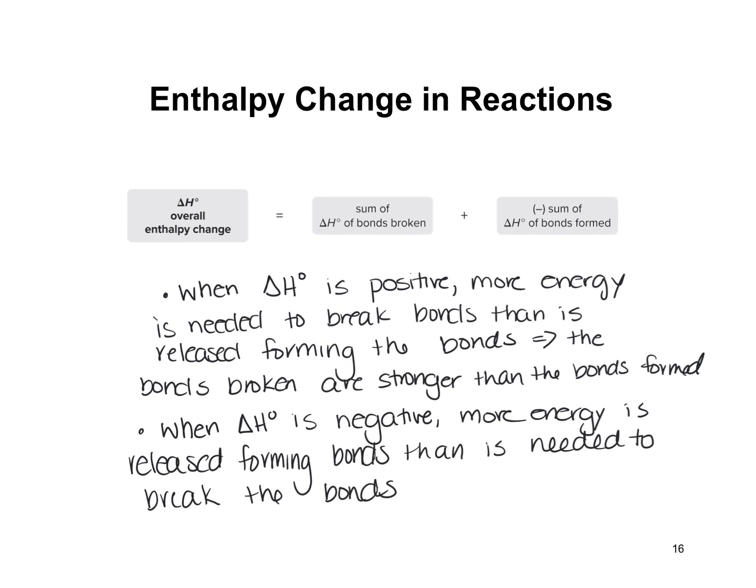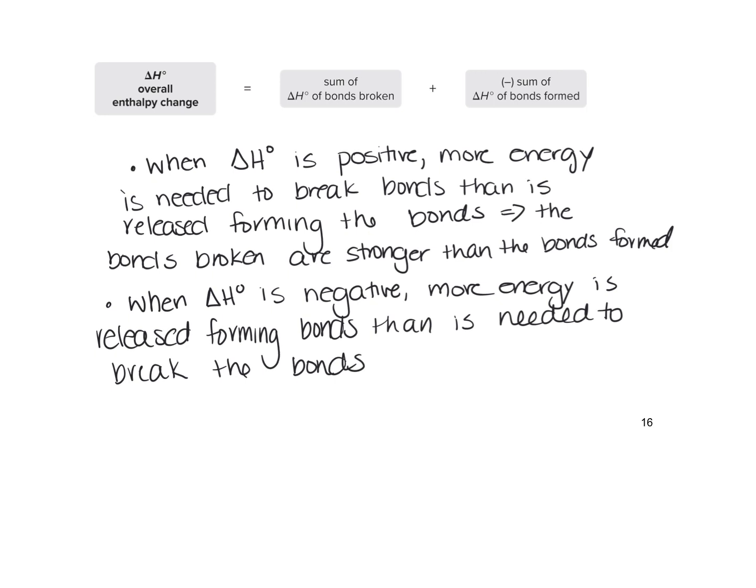Okay, so that means the bonds formed in the product are stronger than the bonds broken in the starting material.